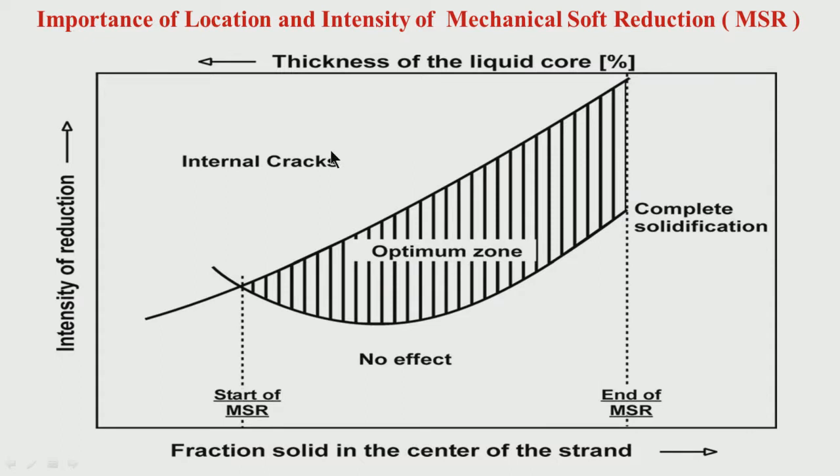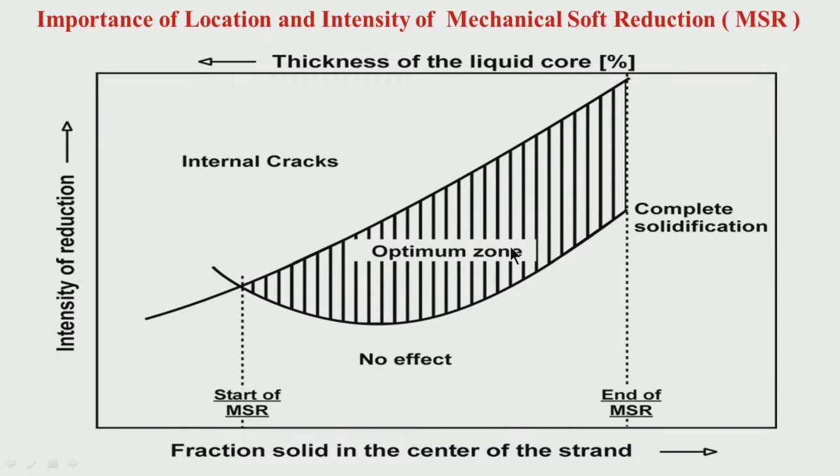So, what is important is this optimum intensity of reduction. The optimum zone contains both the intensity as well as the area. First the area where you will put the soft reduction, and how much soft reduction you will put. So, both are important.